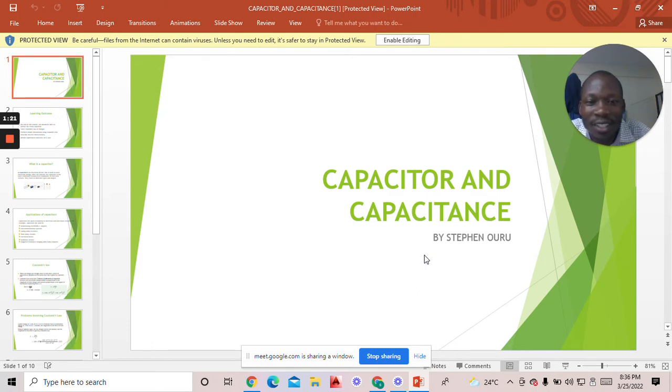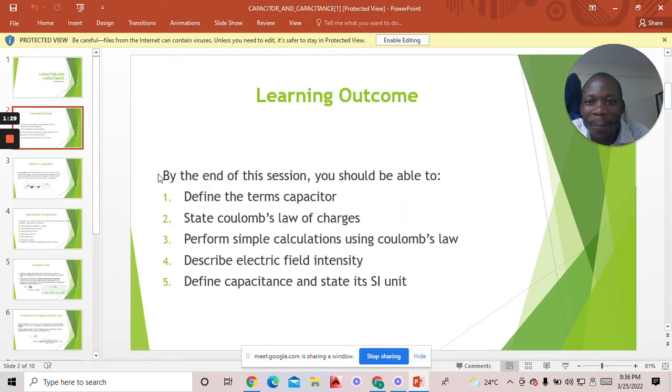Okay, as I said, we are going to look at capacitor and capacitance, and these are the outcomes. By the end of this session, I'm expecting you to be able to define the term capacitor. These are the learning outcomes that I'm expecting you to know by the end of this session.